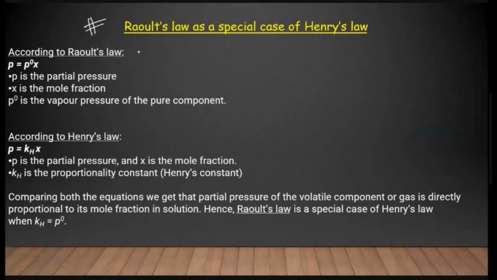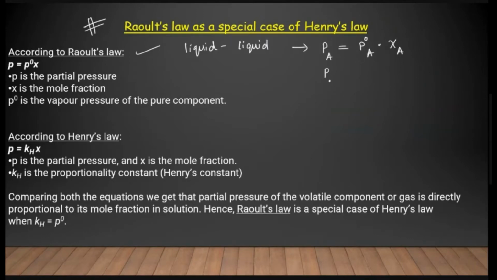What is this? As you know, according to Raoult's law, when we studied Raoult's law for a liquid type of solution, we got that the two components exert an individual partial pressure. That is PA, if I take the first component, is equal to P naught A into XA.